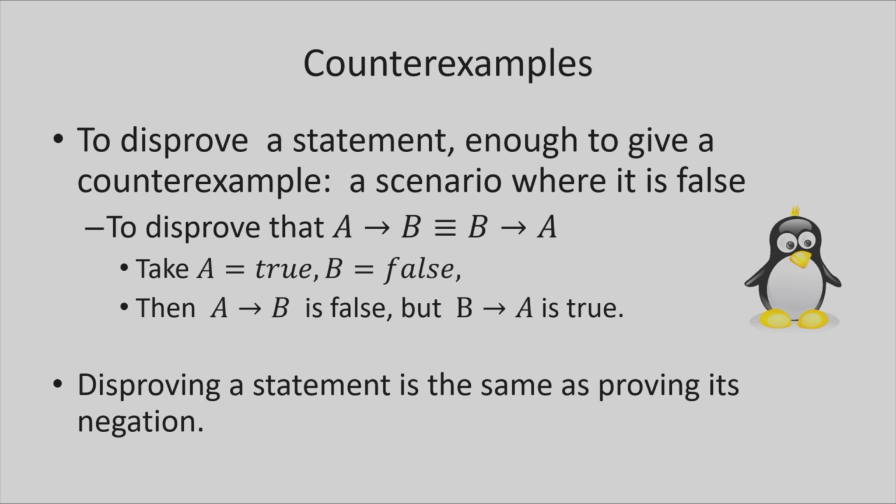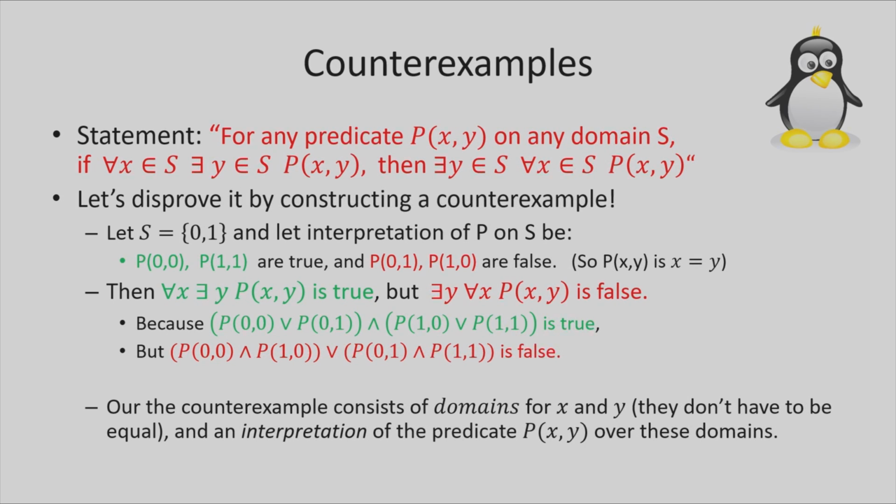So let's look at a little bit more involved counterexamples. So in this case, implicitly we were talking about all possible formulas A and B. In general, we may be talking about all sorts of things.